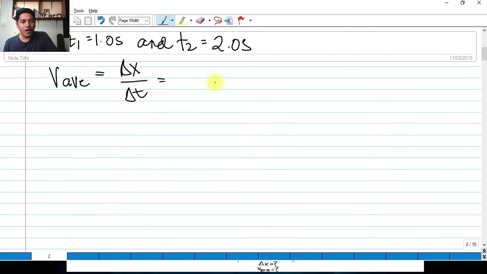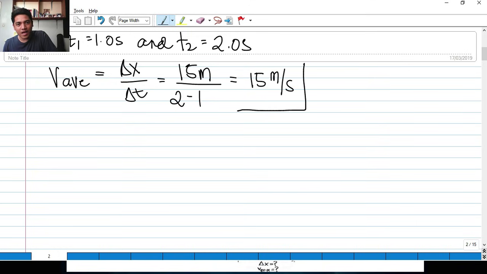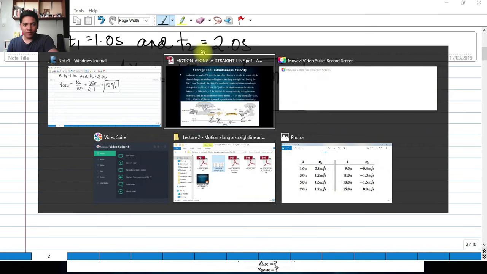We have computed delta x, which is 15 meters, divided by delta t, 2 minus 1, in seconds. So simply 15 meters per second. This is the average velocity of the cheetah at time interval from 1 second to 2 seconds. Okay, so here we are.